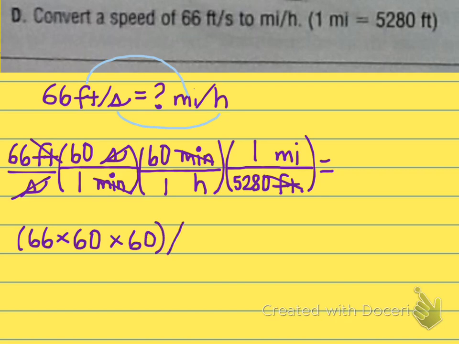And I'm going to divide that, and I don't need any parentheses because I just have one number to divide by, 5,280. So 66 times 60 times 60 divided by 5,280. And again, I should have two significant figures, and I get 45 miles per hour.